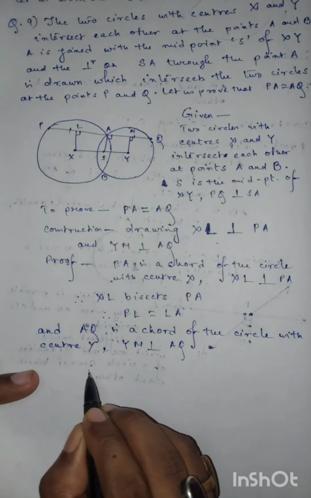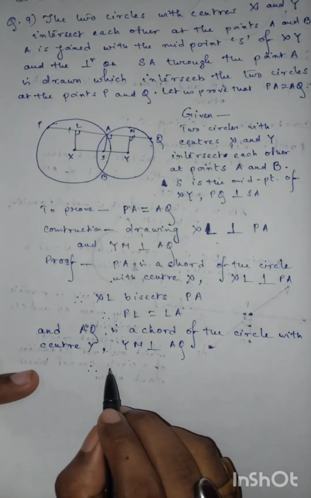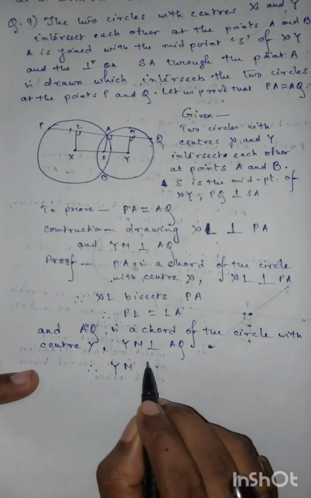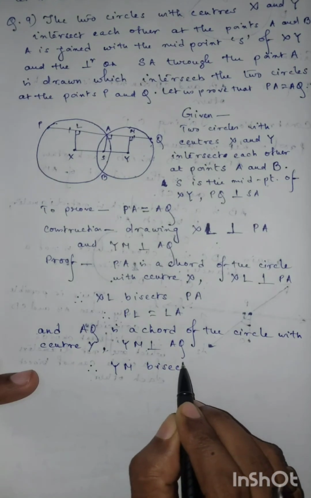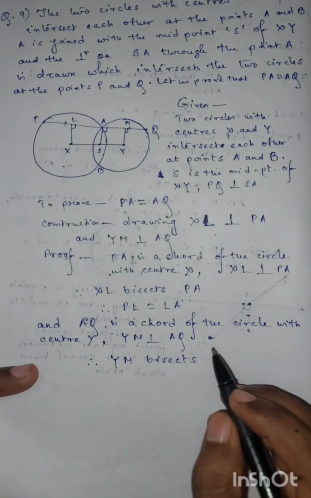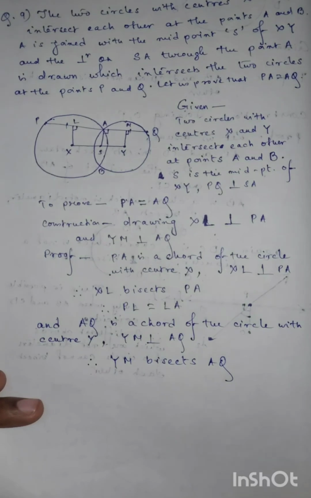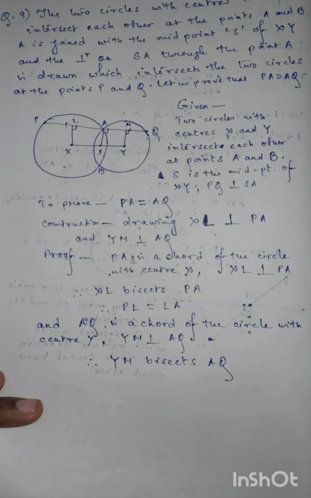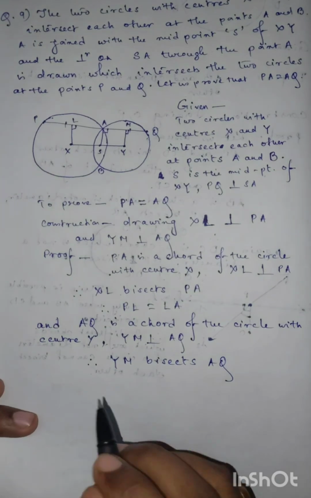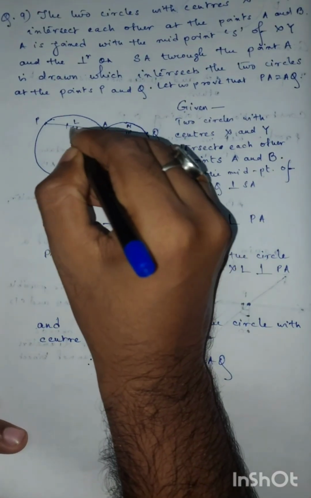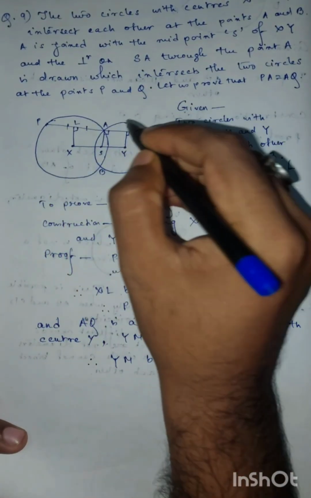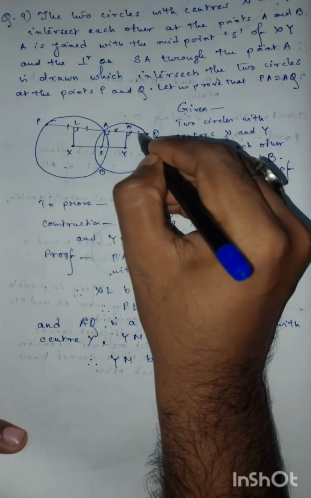Therefore, YM bisects AQ. So this part is equal to this part and this part is equal to this part.